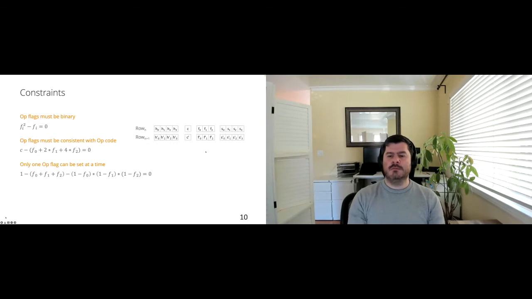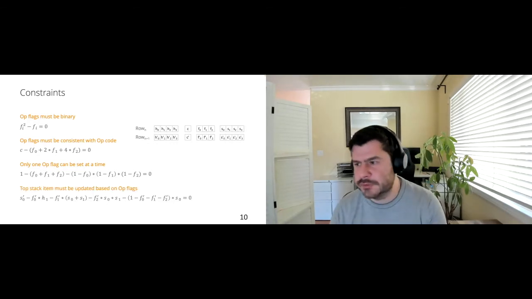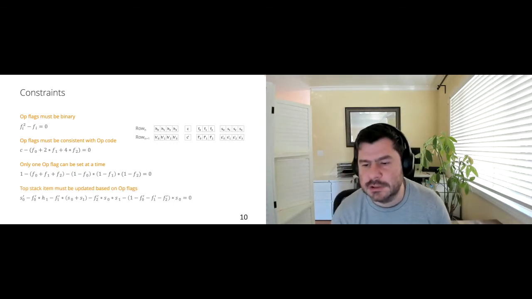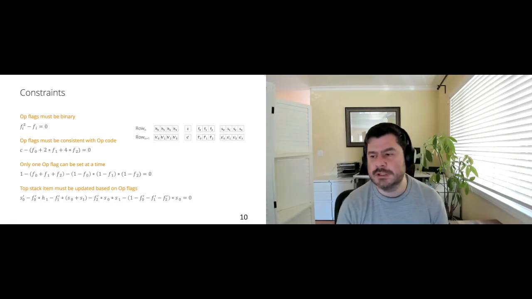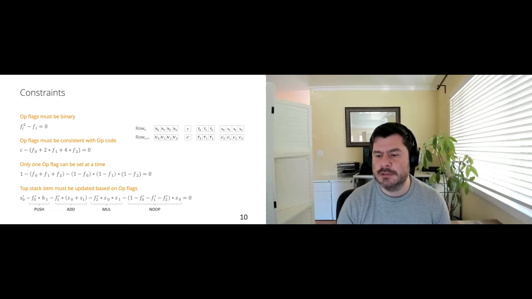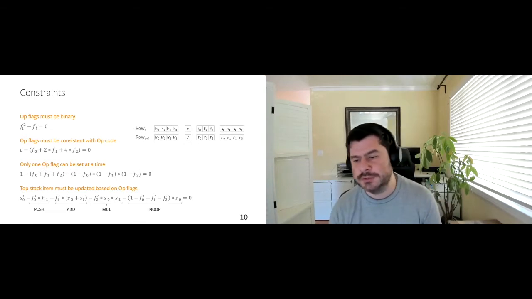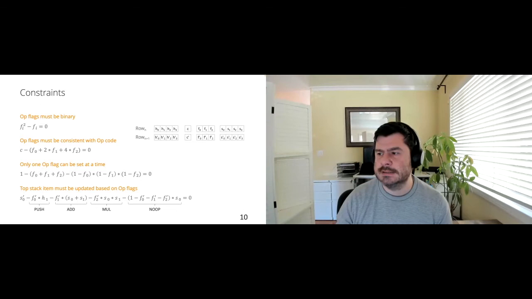And then one other constraint, and again, not exhaustive, there are many more constraints that we care about, but one other constraint to illustrate how we would execute the operations. Again, it looks more complicated, but actually there are different components to it. What this says is that the next value in this cell should be equal to whatever was previously computed based on whatever the flags are set to.